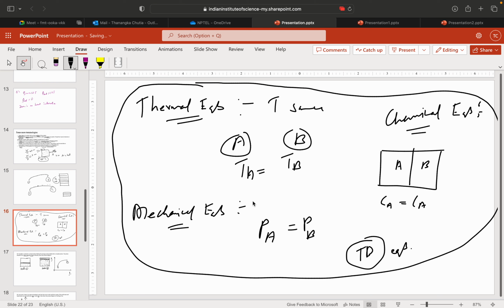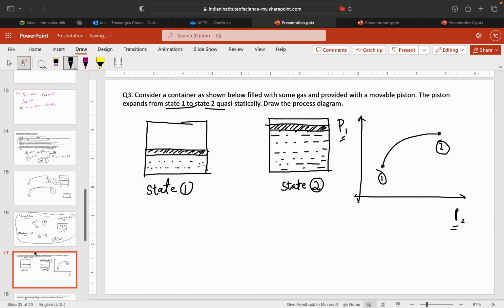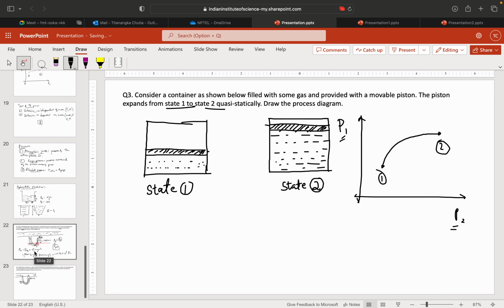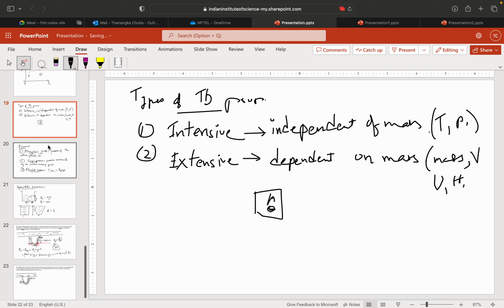If two bodies A and B are in thermal equilibrium, the temperature of body A is equal to the temperature of body B. In mechanical equilibrium, the pressure of body A is equal to the pressure of body B. And chemical equilibrium means that the chemical concentration of body A is equal to the chemical concentration of body B. So if a system has these three equilibria, thermal, mechanical, and chemical, then we call it thermodynamic equilibrium.